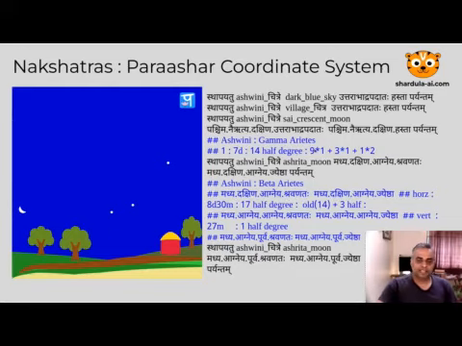And this 14 half degree, we are representing it just like in a binary or decimal format. Here we have a base of 3, and the place value system makes the rightmost digit 1. The next digit's place value is 3. And after that, it is 3 raised to 2, which is 9. So 14 is 1 into 9 plus 1 into 3 plus 2 into 1. So the way we do that, this is Paschima, these are the 3 digits.